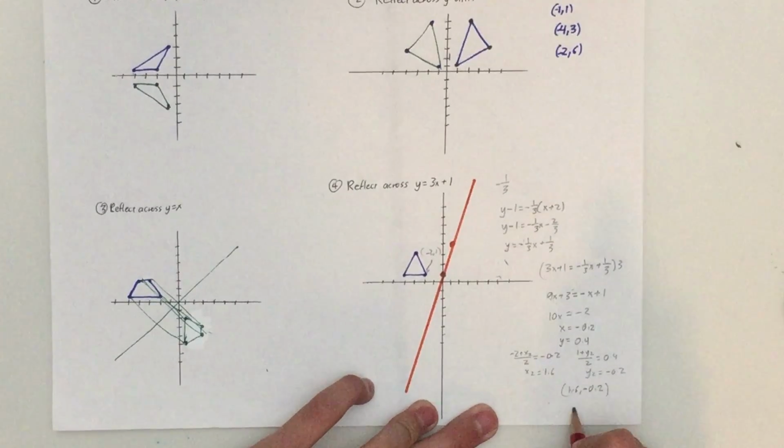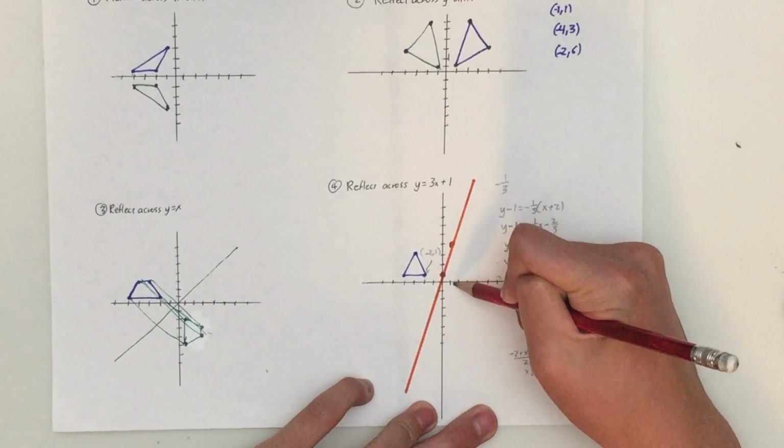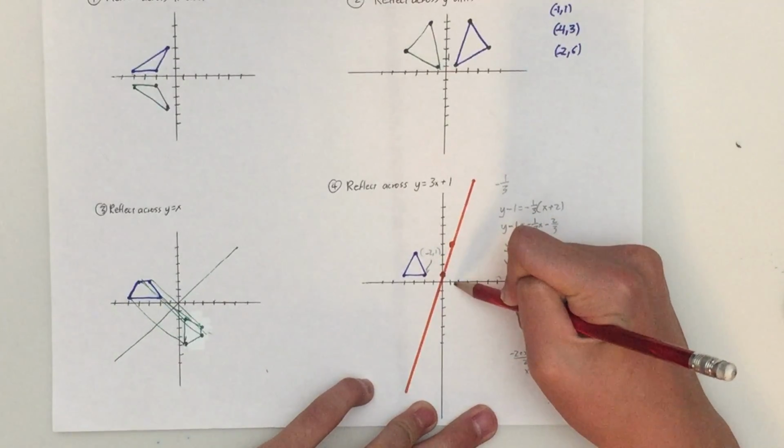So we have our first point, (1.6, -0.2). So it would be somewhere right there.